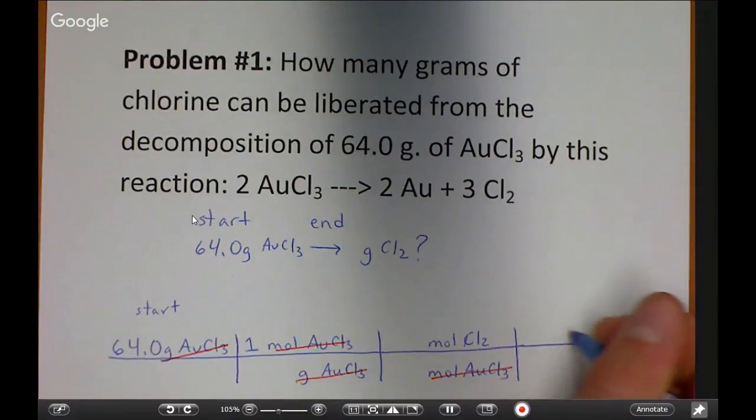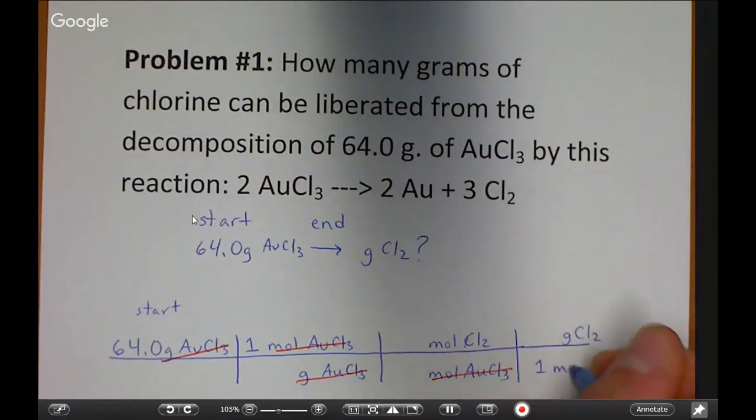Last but not least, we want to go to grams of Cl2 for every 1 mole of Cl2. Moles of Cl2 cancel, and we're left with grams. So what we've achieved here very quickly is the unit conversion setup going from grams of gold 3 chloride to grams of chlorine gas.